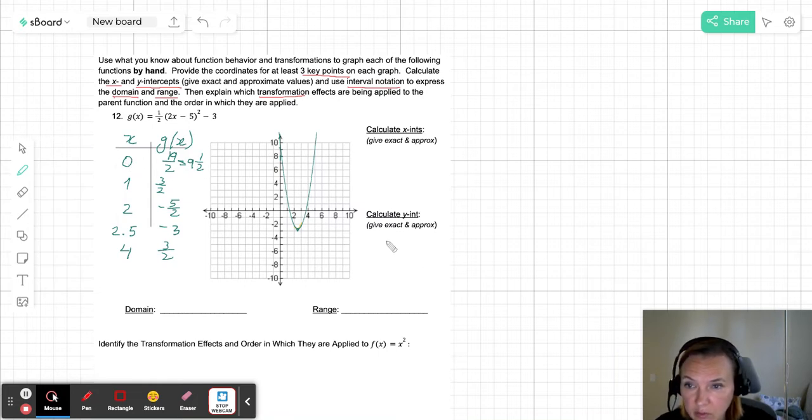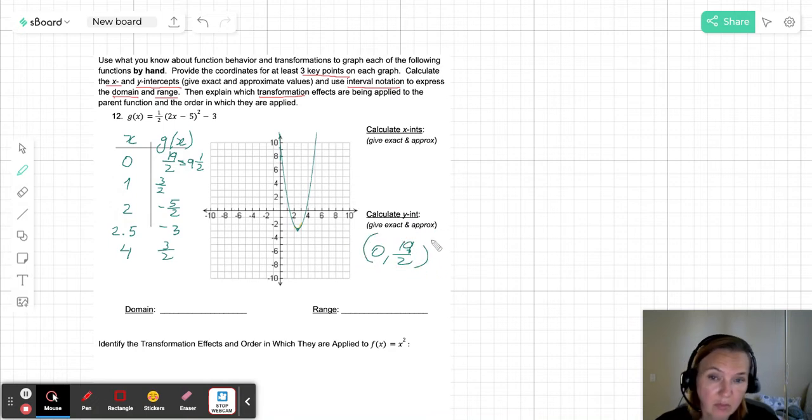So x equals 0, that means that the y-intercept is (0, 19 over 2). And 19 over 2 is our exact value. We can convert it to decimals and have 9.5. It's still an exact value. So there is no exact and approximate here because we don't have any non-terminating decimal. We don't have any irrational numbers.